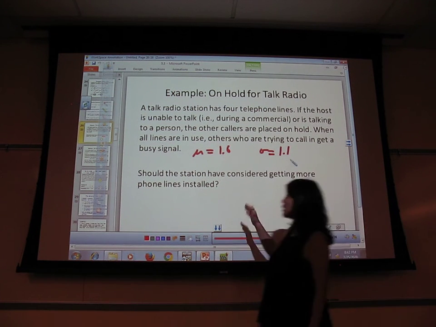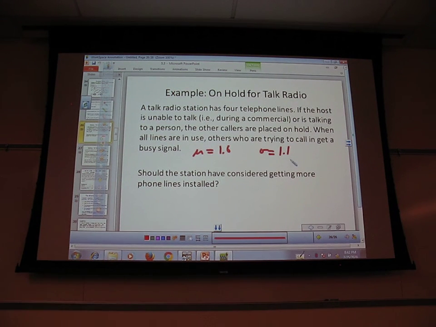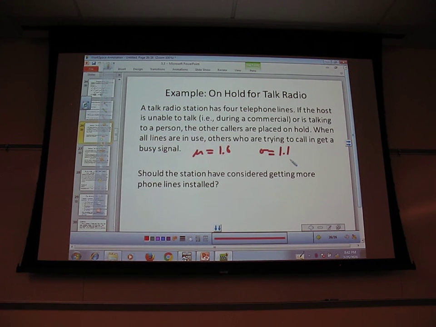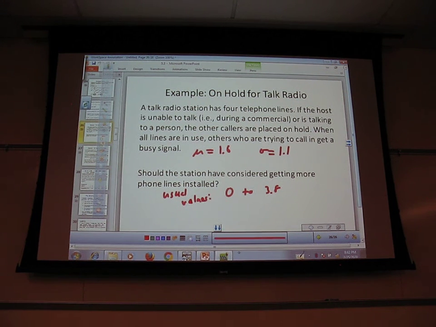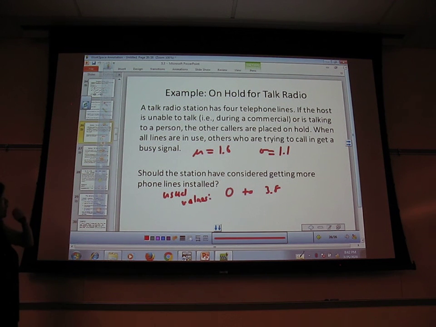Is everybody with me on that part? So 0 to 3.8 are my usual values. So if my usual values are between 0 and 3.8, do you think that I need more than 4? No, 4 seems fine.